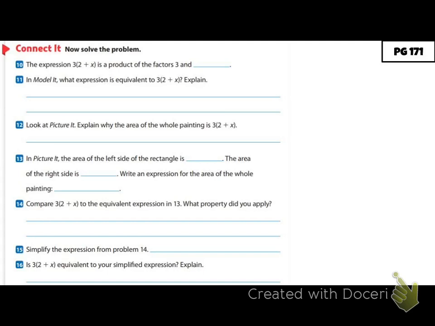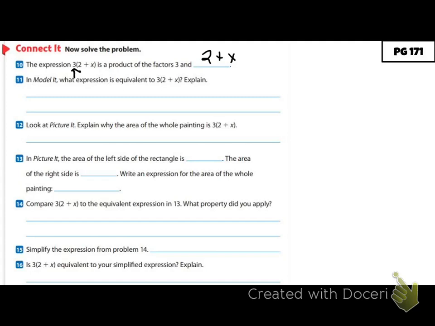So now we're going to answer some questions. Number 10 says, the expression 3 times (2 plus x) is a product of the factors 3 and 2 plus x. Because when they're side by side like this, it means to multiply, which means we're finding the product of.